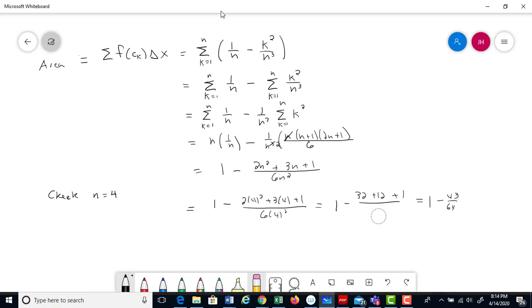That's 96, that wasn't right. So 96 minus 43 is going to be 53 over 96. So 0.552. Did I actually calculate that?